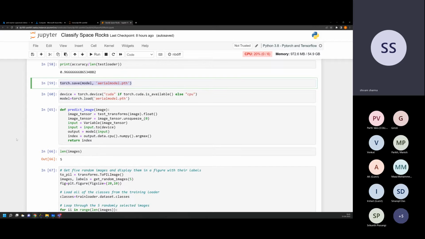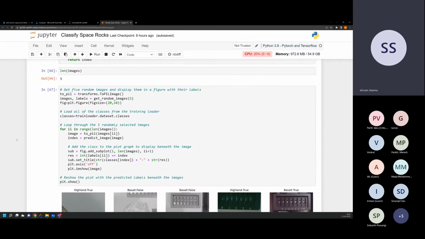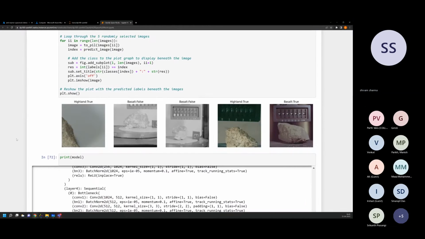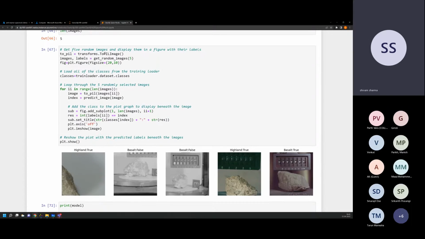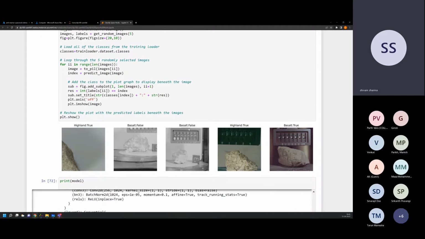And once we have done that, we can also check whether it's working, how it is working. So this is the testing which we have done on a few of the images to see which type of rock it is.